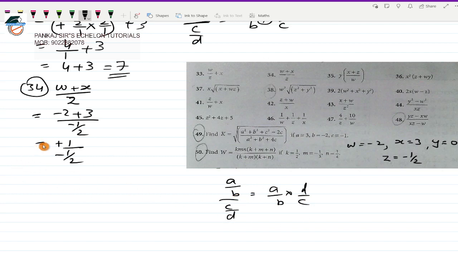Now if you work this out, +1 can be written as 1 upon 1. This is plus upon minus, so first of all I'll put that minus sign over here. It will be minus, and then 1 upon 1 into this inverted, so 2 upon 1. Now this will be minus: 2 into 1 is 2, 1 into 1 is 1, so the answer will be -2.